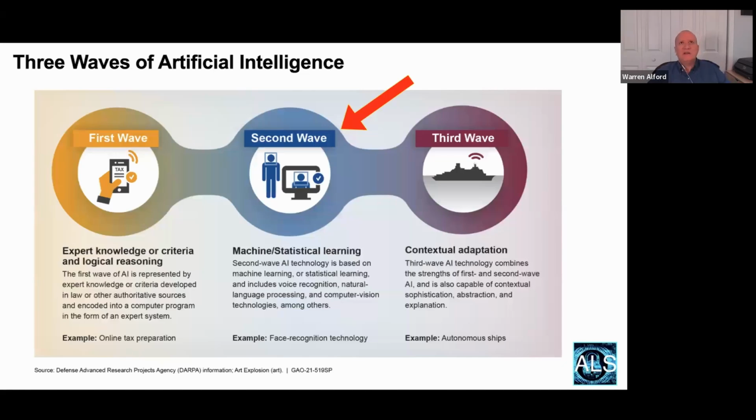DARPA has actually defined 3 waves of artificial intelligence. We are actually in the second wave of development of AI. The first one started with basic frameworks. So this is expert knowledge that has been put into the AI model.